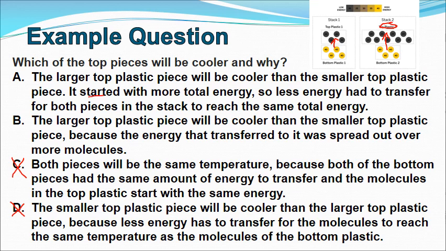It says it started with more total energy, so less energy had to transfer for both pieces in the stack to reach the same energy total. While the top piece did start with more total energy, that part is true, because there are more molecules, more energy actually from the bottom had to transfer up. So A cannot be correct. Therefore B has to be our correct answer.